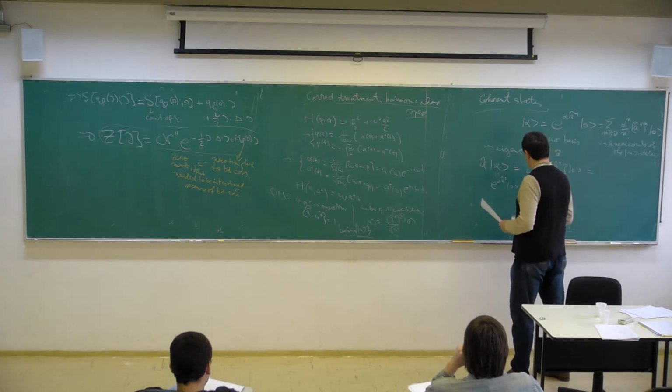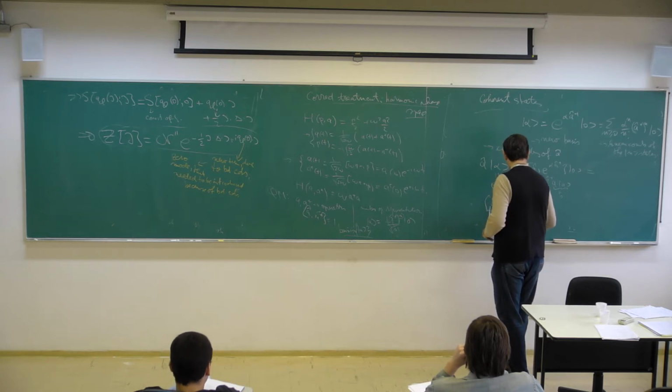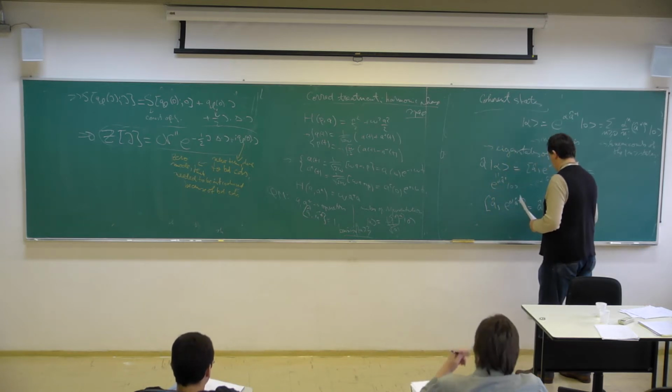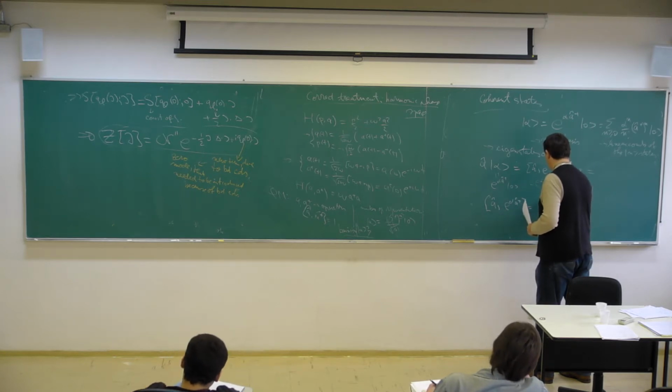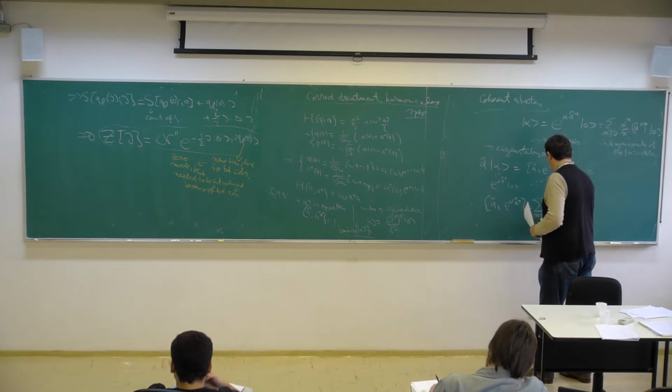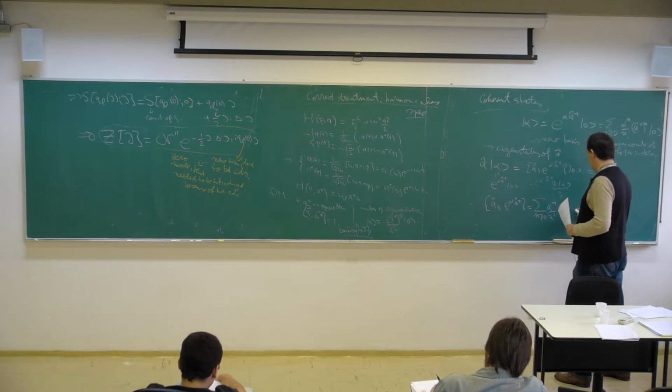Now I can calculate this, so I can expand. Let me write it like this: sum over n, alpha to the n over n factorial, and then A commuted with A dagger to the n.